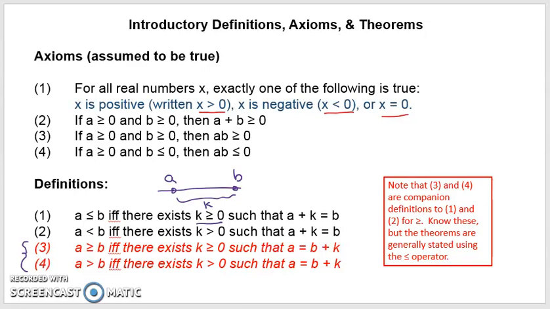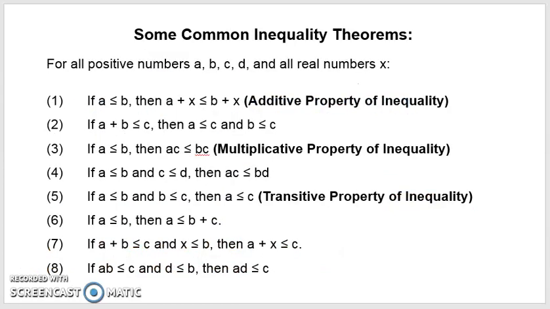Okay, so once we have these axioms and definitions established, then you can talk about some common theorems. Theorems are truths, statements that are derived from the axioms and definitions, and there are 8 that commonly come up. These are not the only 8 that exist, but these are 8 that are commonly used in induction proofs.